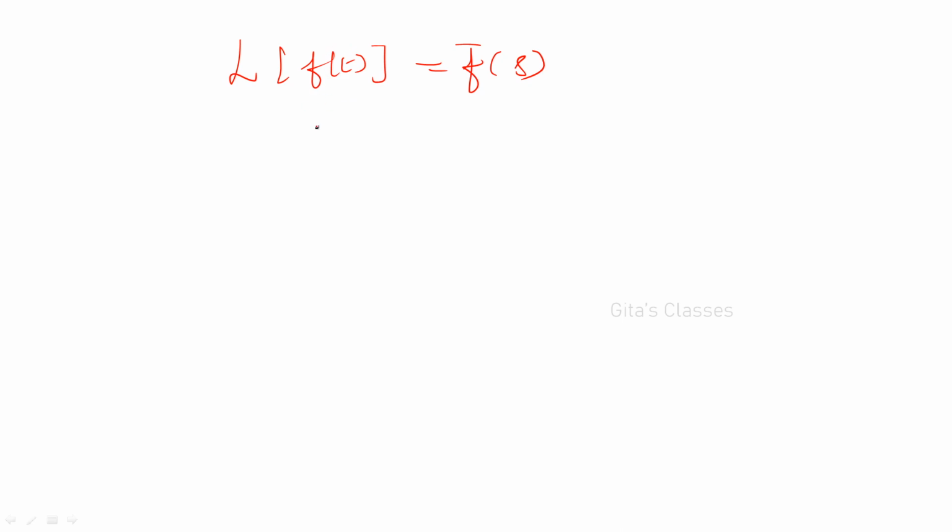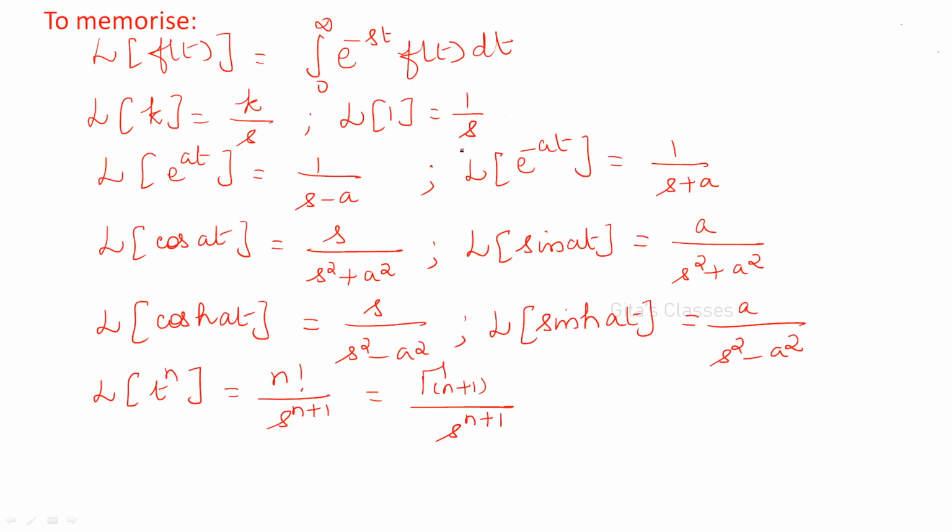So we are converting from the t domain to the s domain, changing the variable t to another variable s. And if you make some changes in t, what will be the corresponding changes in the variable s? That's what we are going to find out in this class. So that is called the change of scale property.